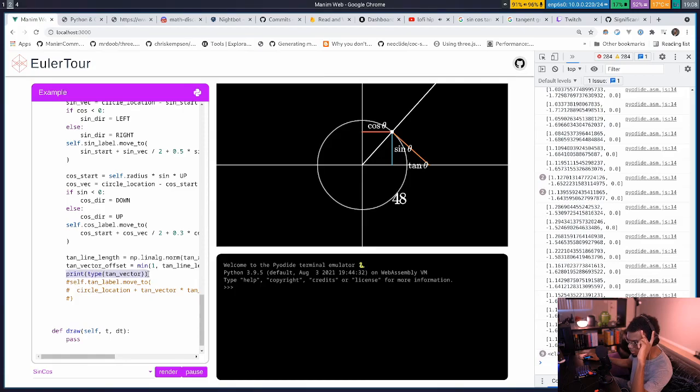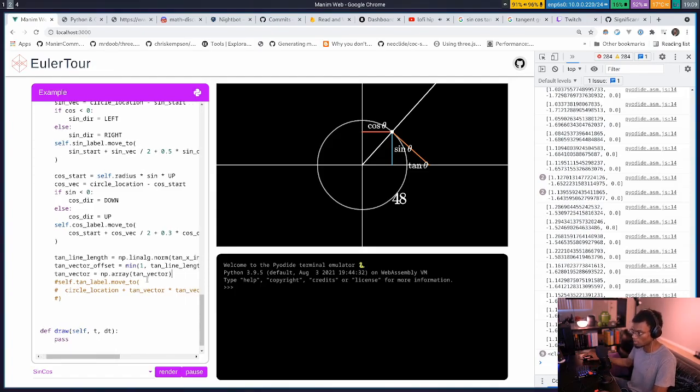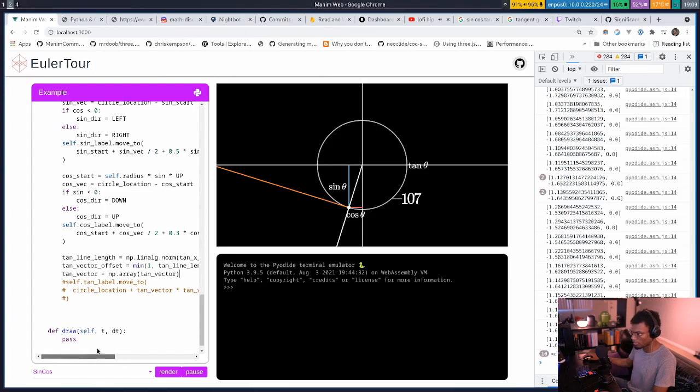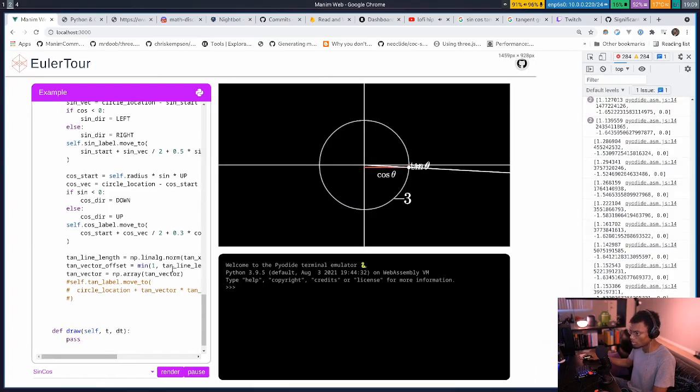Okay, so maybe all I have to do here is cast it to a tan vector like that, or a numpy array like that.